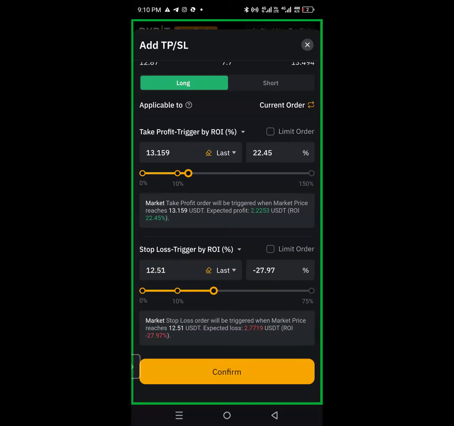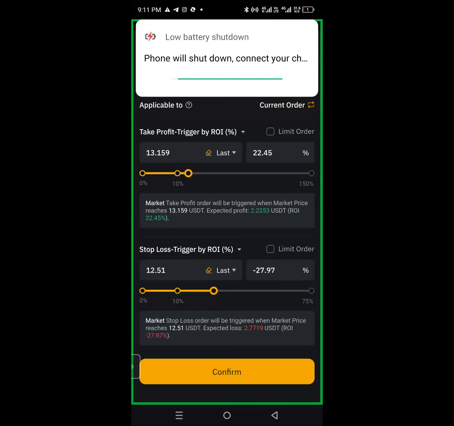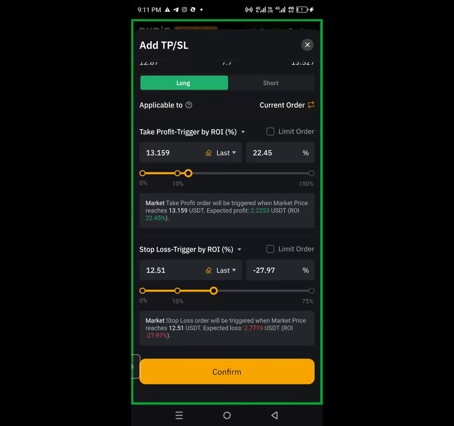Now, if we calculate our risk management here, we'll see that this 2.7 is not up to our risk amount, right? So what do you think we should do from here?